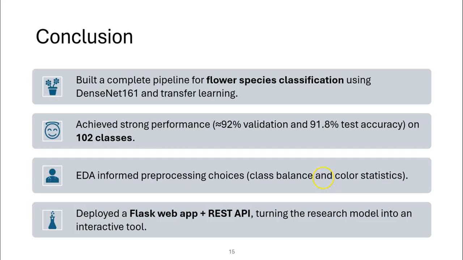EDA helped us choose normalization and confirm that the dataset splits were reasonably balanced. Finally, we deployed the model in a Flask web app and REST API, turning a research model into an interactive tool that could be useful for education or citizen science.